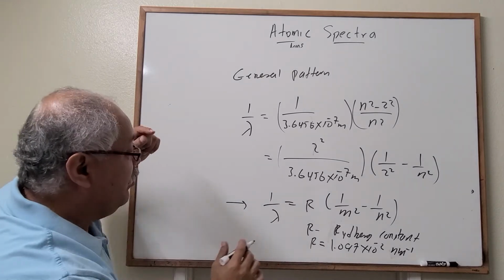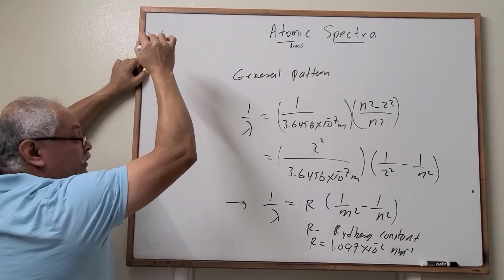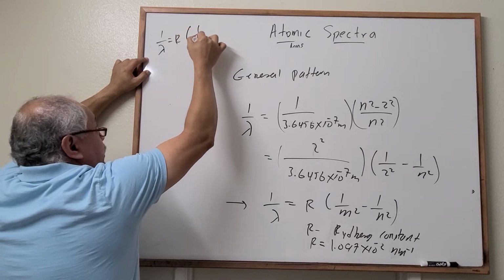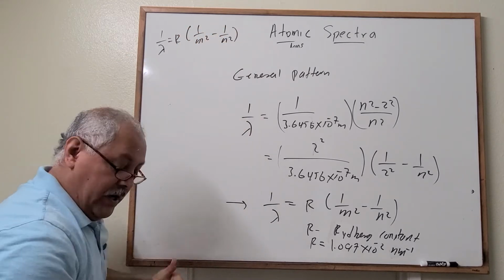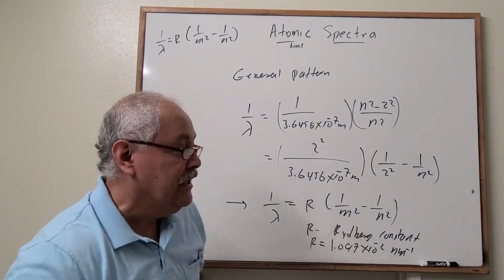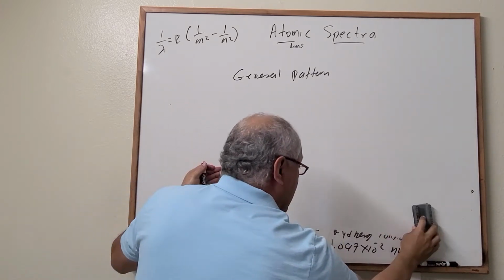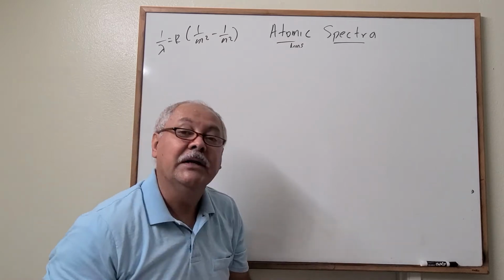And using this equation one more time, 1 over lambda is equals to R, correct, times 1 over m squared minus 1 over n squared, we get the different series that are discovered for the range in the electromagnetic spectrum.